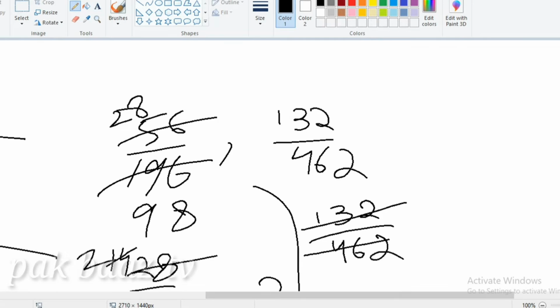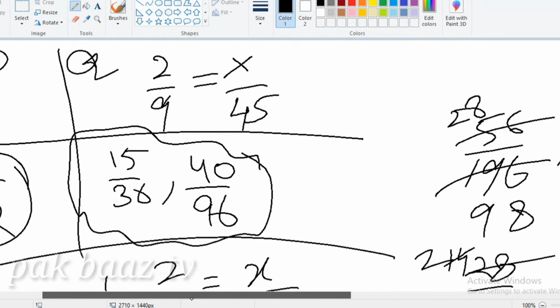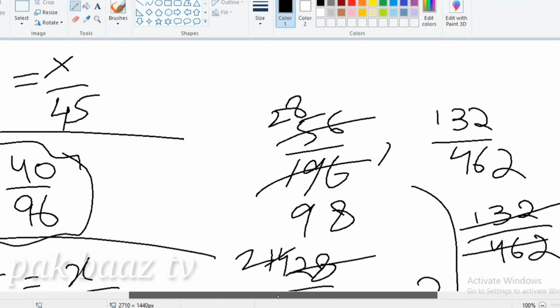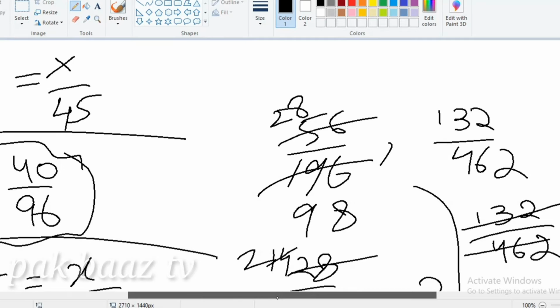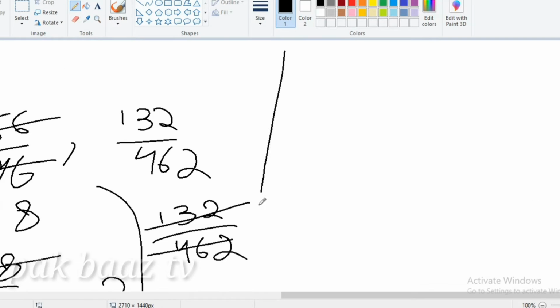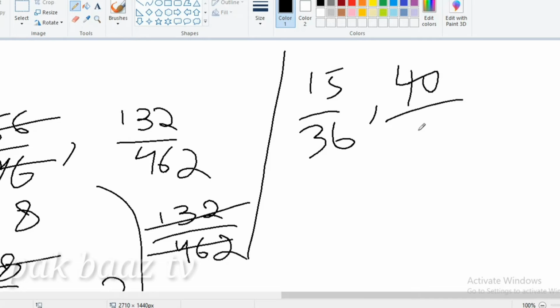Which one is the next question? It's 15 over 36 and 40 over 96.